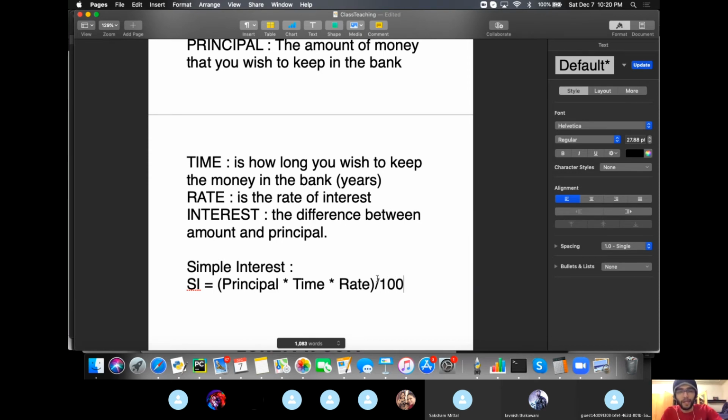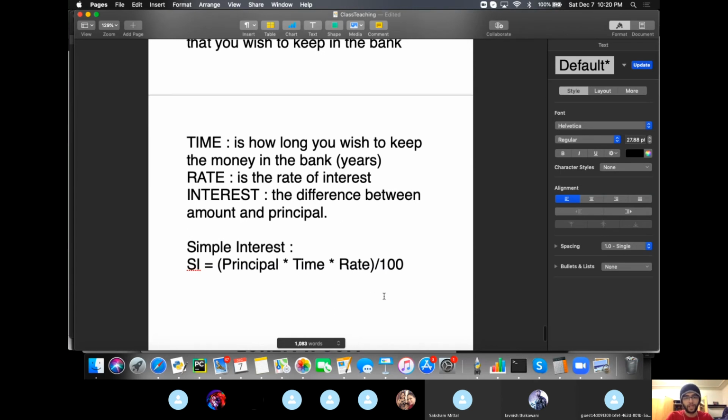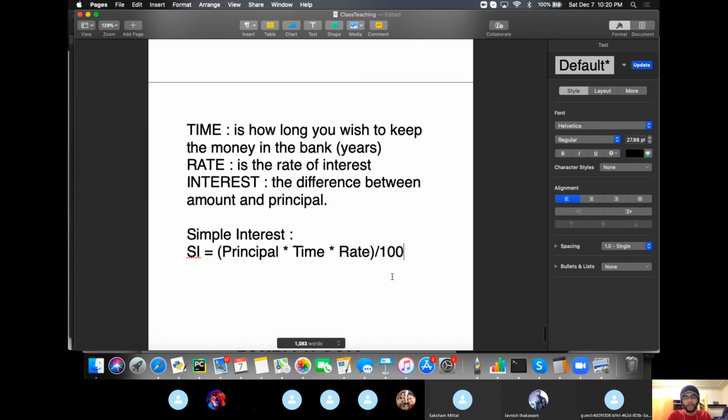This is the simple interest formula. Pay very close attention. The simple way to remember that is SI equals PTR divided by 100. Which means if somebody gives us the principal, the time, and the rate of interest, we can calculate the simple interest, for any quantity.